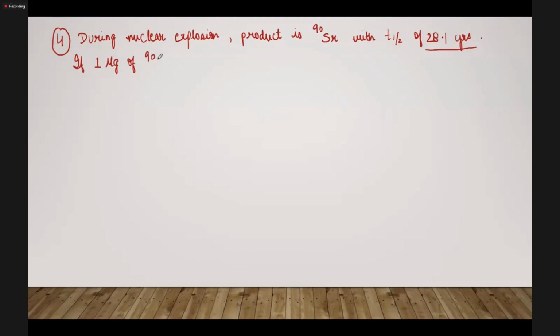of 90Sr was absorbed in the bones of newly born baby instead of calcium.